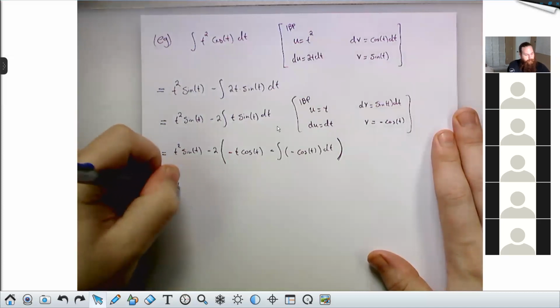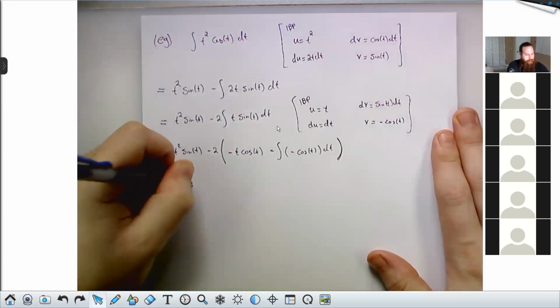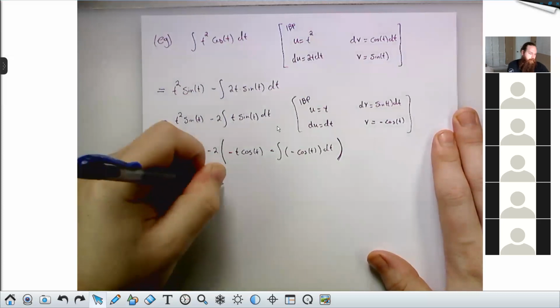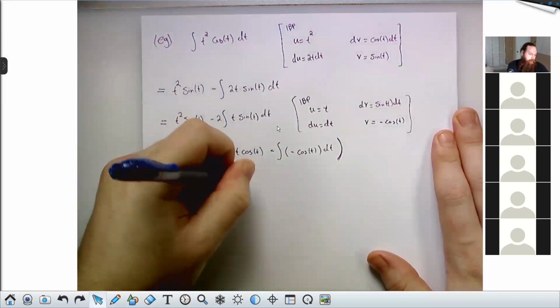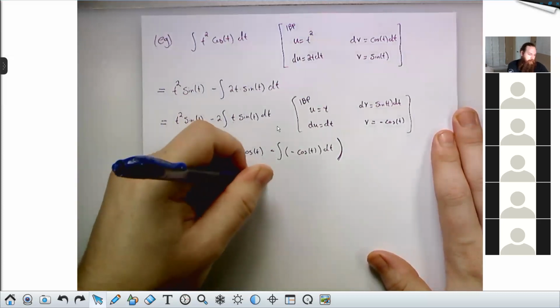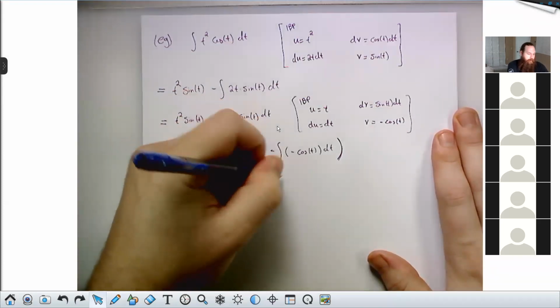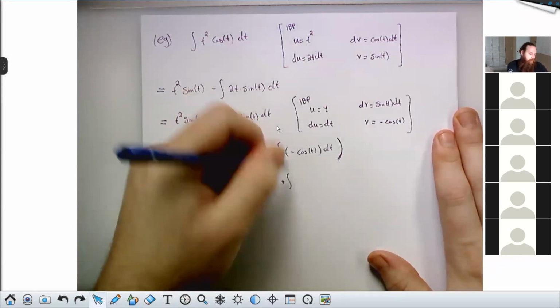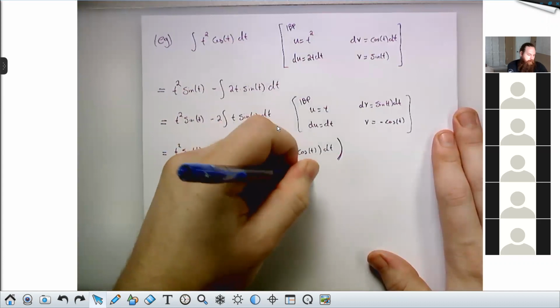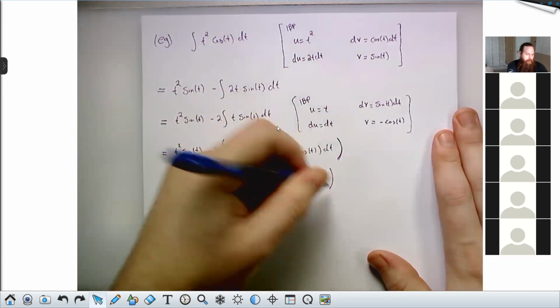We can simplify a little bit. The 2 minuses here will make plus the integral of cos t dt.